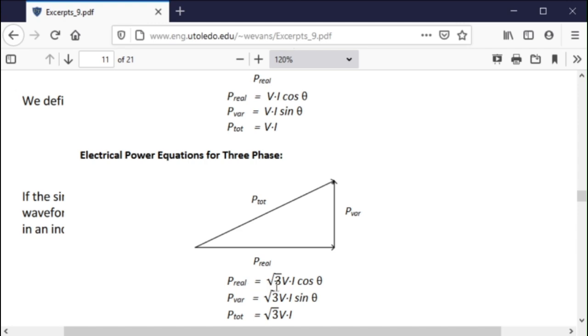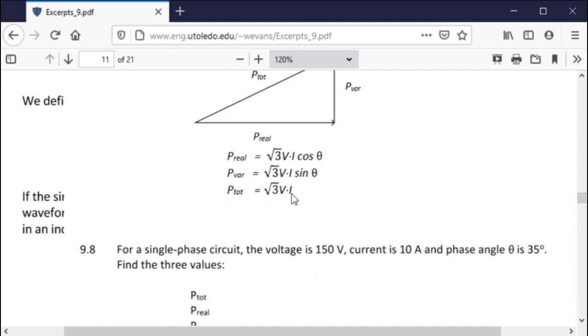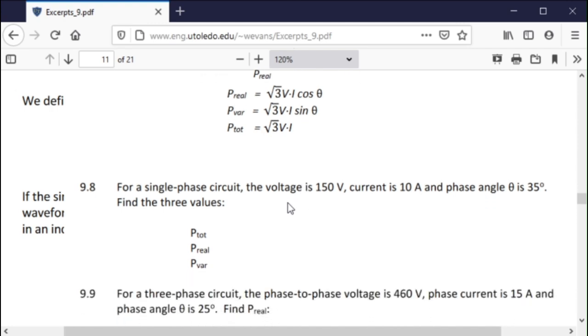So P real is the square root of 3 times V times I times cosine theta. I'll ask you for P real or something like that. If I give you the values, find these. Here the voltage is 150, current is 10, phase angle is 35. Find P total, P real, and P var.